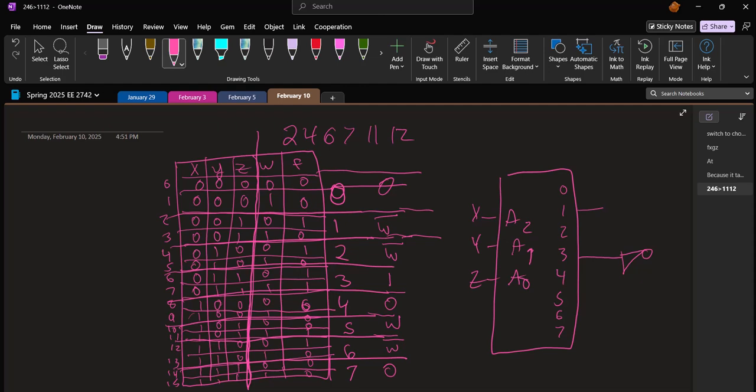I would have when 1 is low and we have not W. By the way, I don't think you have to implement all of these. I think you just have to have them drawn, and then you implement the one that you want. And same with 2.